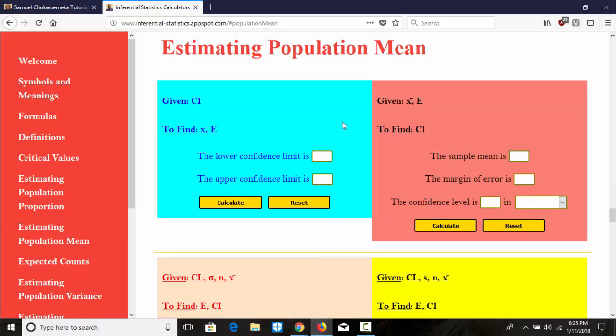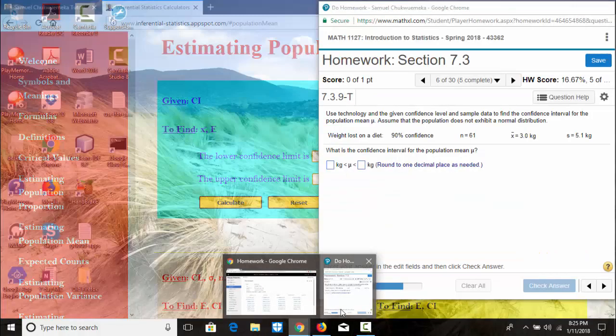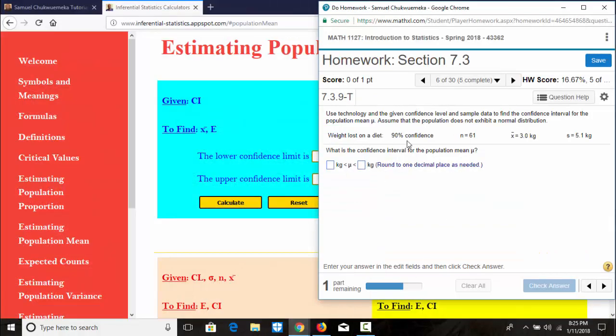And you look at what we were given and what we are asked to find. We were given the confidence level, the sample size, the sample mean, and the sample standard deviation.